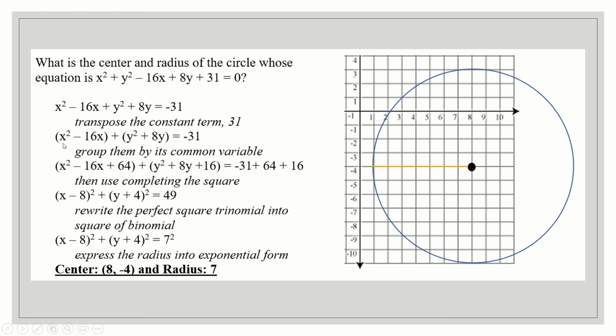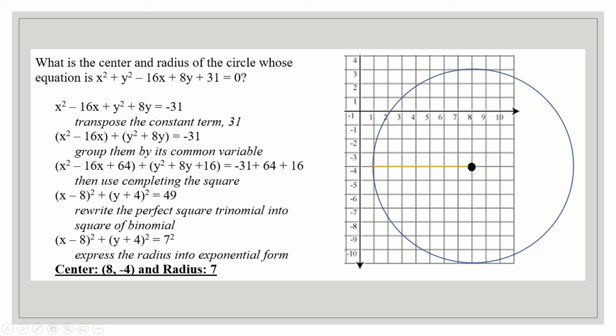So the terms with a common variable are x squared and negative 16x, y squared and positive 8y. Then don't forget to write the appropriate operation between the quantities. Now we have the quantity of x squared minus 16x plus 64 plus the quantity of y squared plus 8y plus 16 is equal to negative 31 plus 64 plus 16.